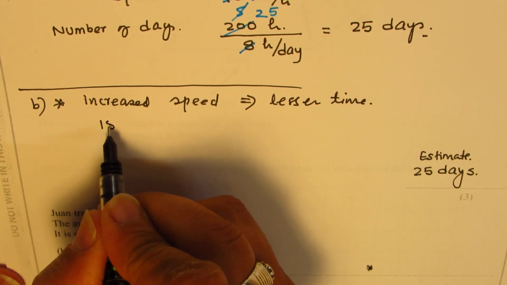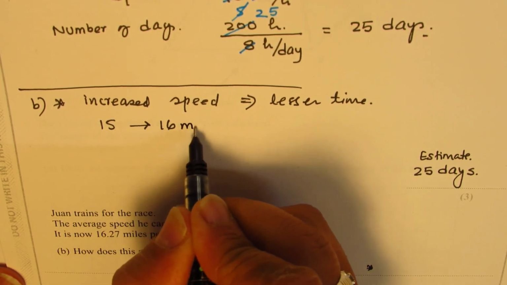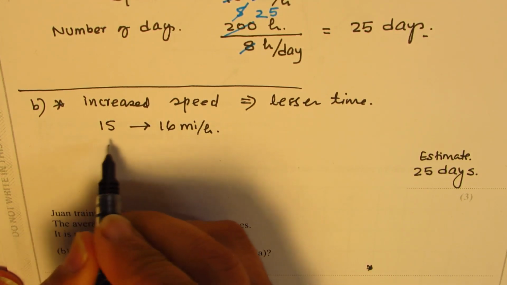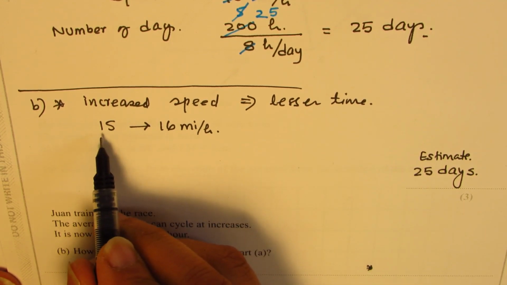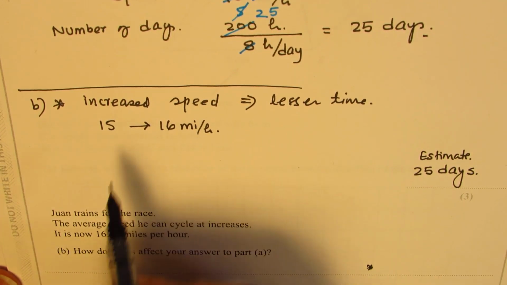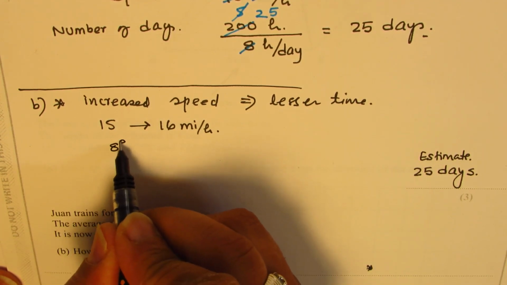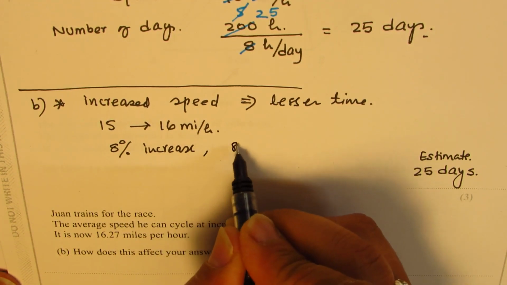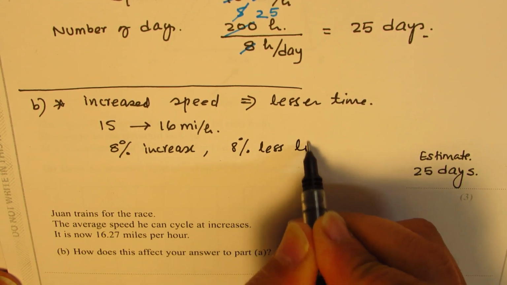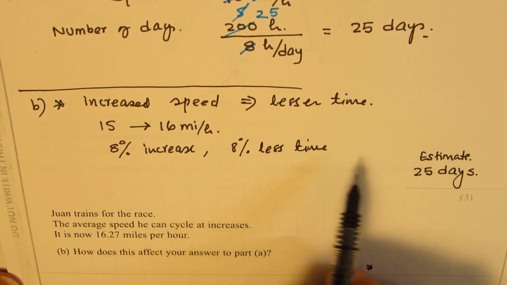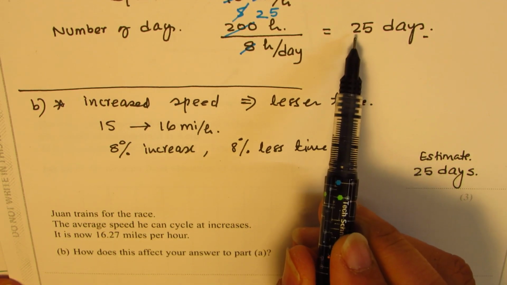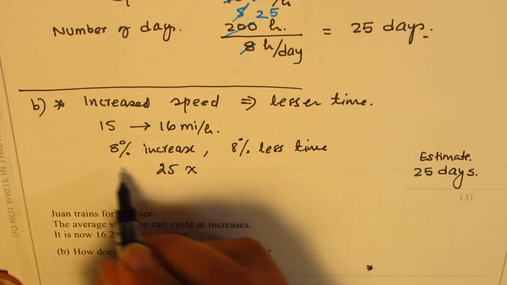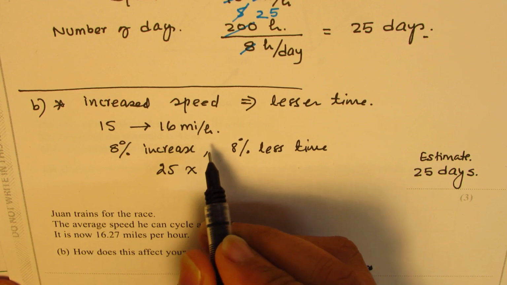You can see that the speed increases from 15 to 16 miles per hour, so it is increased by less than 10%, right? 10% of 15 is 1.5, and this is just 1, so around an 8% increase. That means we have 8% less time. That is true, right? So earlier we were doing 25 days, so instead of 25 days, it will be 25 into 8% less.